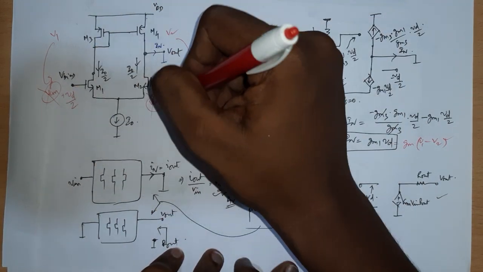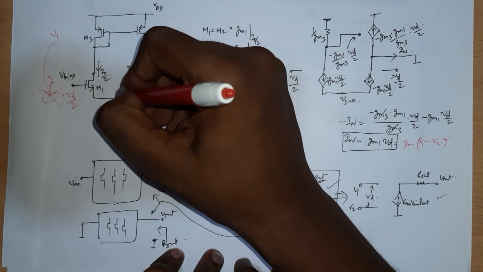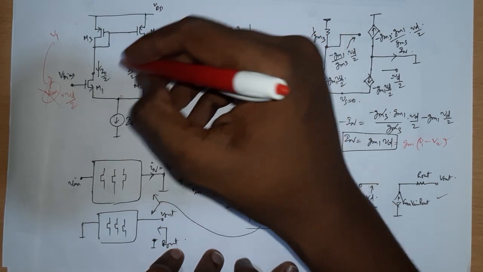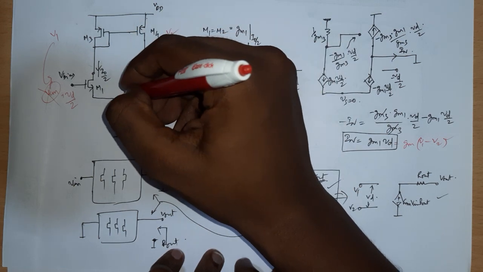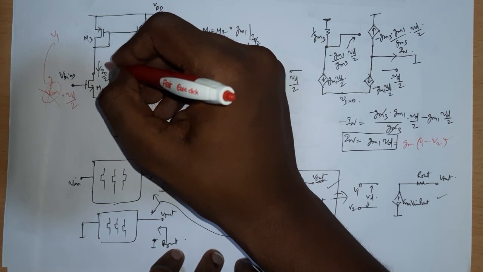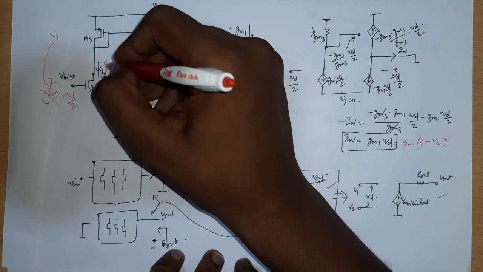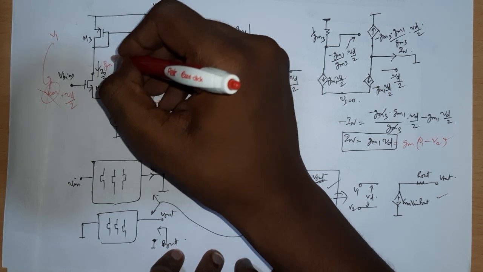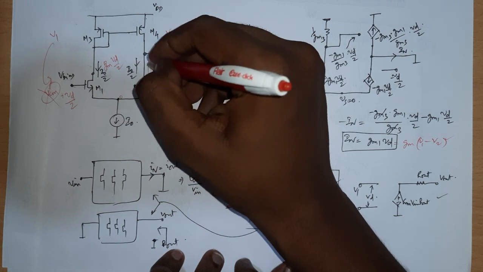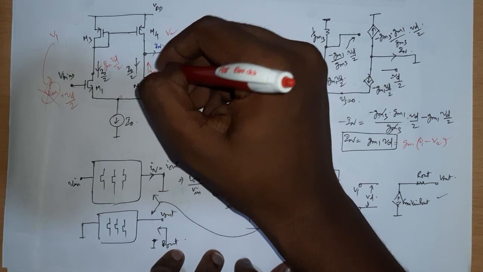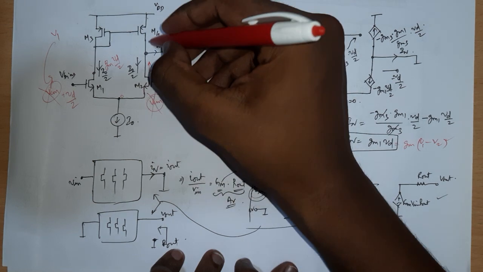and you see it is pretty straightforward from here also, because we know that if this is VD by 2 and this is minus VD by 2, this node potential is anyway 0 incrementally. All the red markings are incremental signals. If this is 0, then the incremental current here is going to be GM VD by 2, and incremental current in this direction is GM VD by 2 because it is negative VD by 2, right?